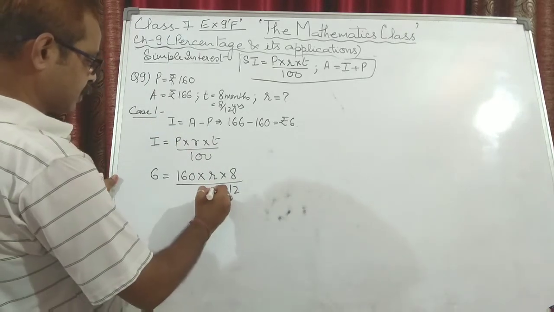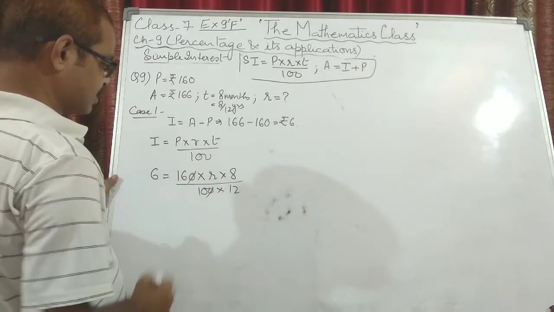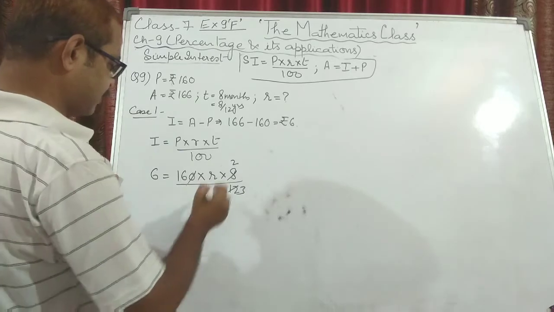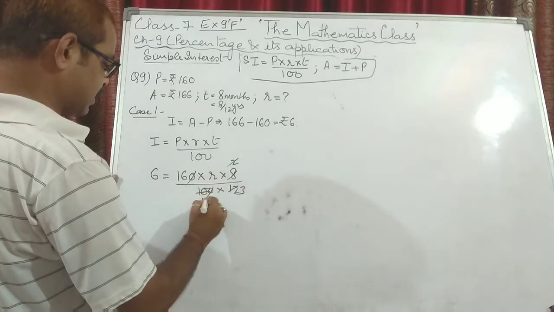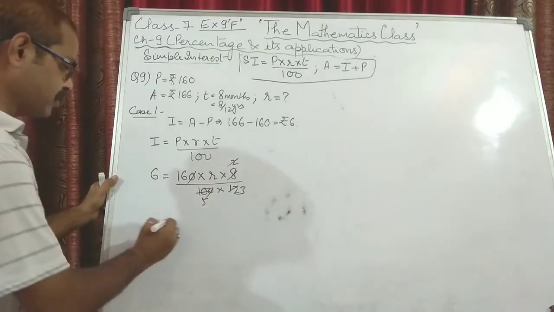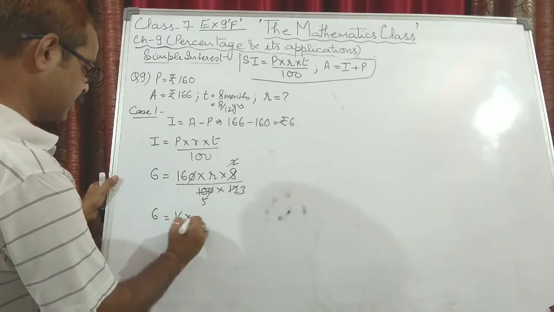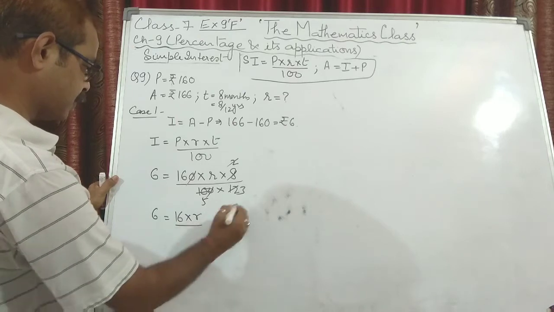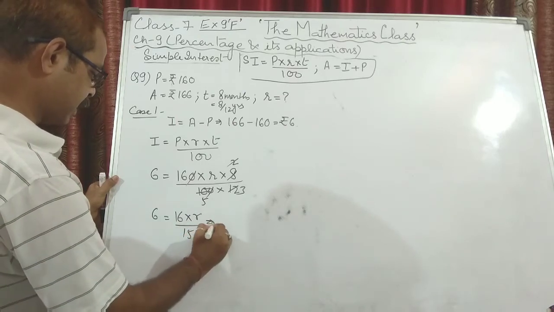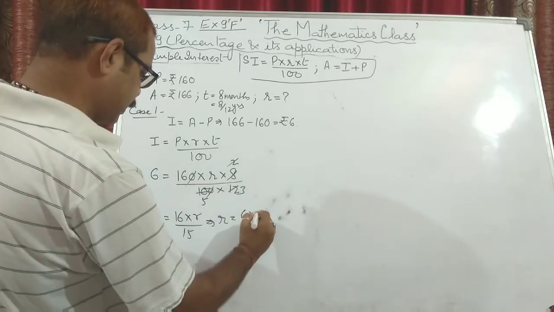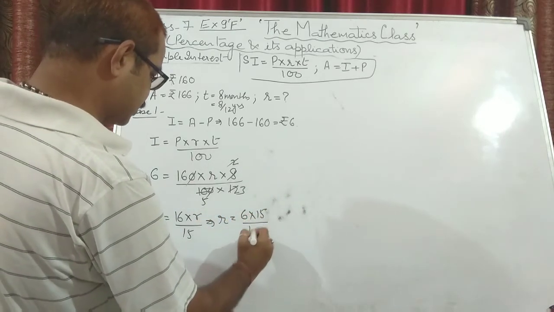Now when we solve it, 0 and 0 will cancel. 4 2s are 8, 4 3s are 12, 2 5s are 10. When you cross multiply, this can be written as 6 is equal to 16 into R upon 15, which implies that R is equal to 6 into 15 upon 16.